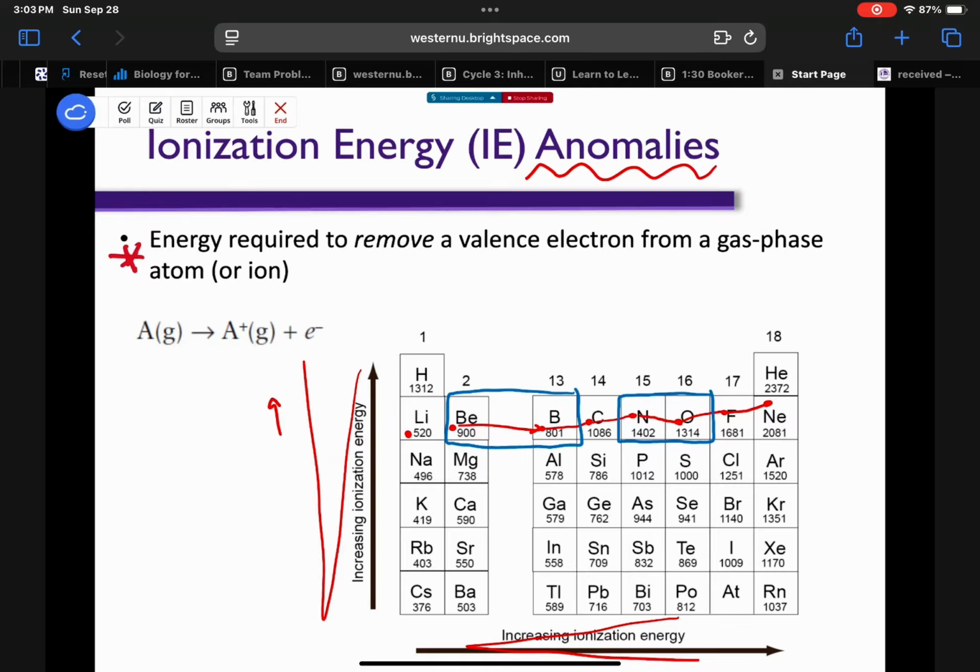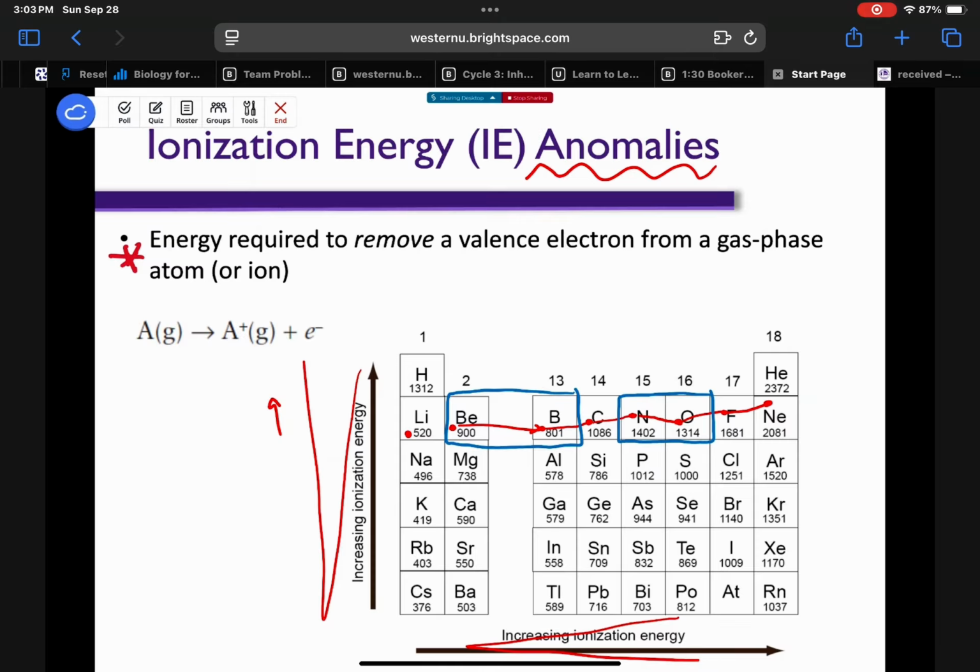Okay. So ionization energy is the energy required to steal an electron away from an atom or an ion. As we go across the periodic table, we can see that on the whole, the major trend is that the ionization energy increases.